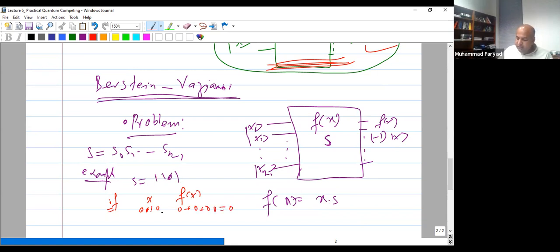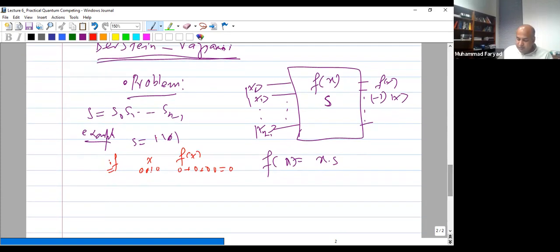So the input 0010 will be translated to 0010 because f of x is 0 for this x. So at the output we will get this state.